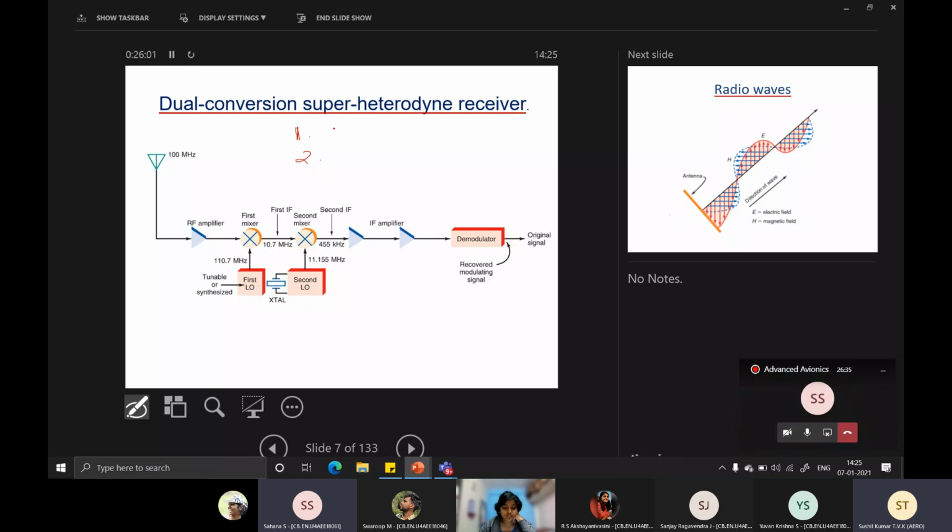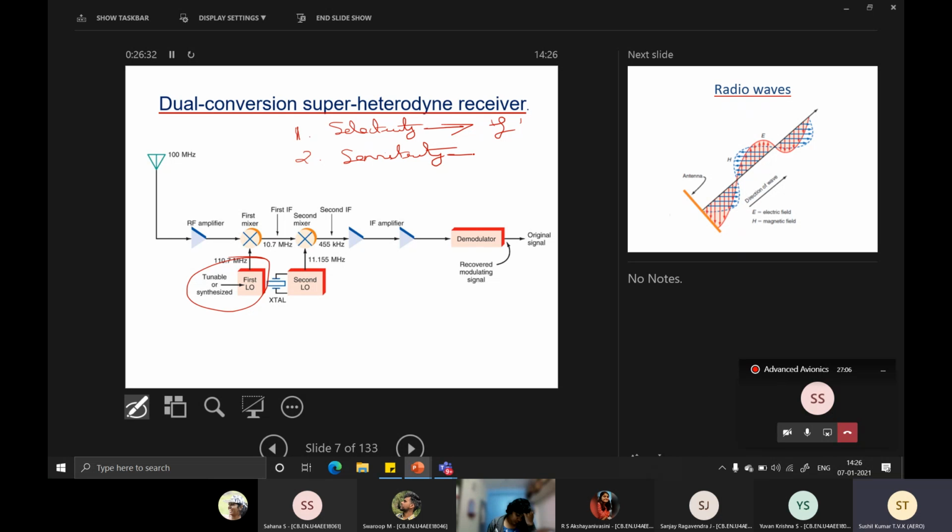Yeah, good, very good. So selectivity and sensitivity. Selectivity is that you must be able to select that particular frequency out of the spectrum, because the spectrum is very large, and within that you will have to select that particular frequency. That's why you are using these local oscillators to do that job.